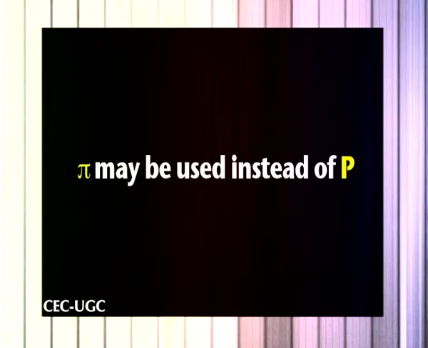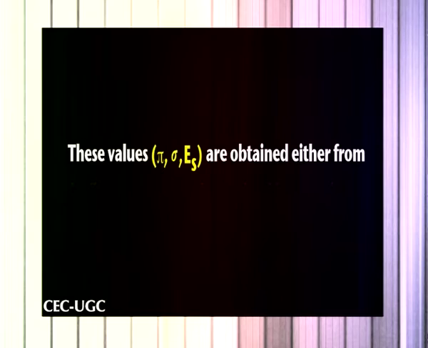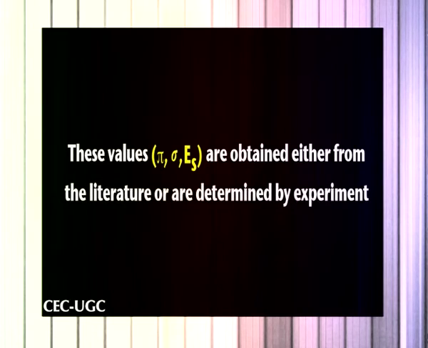For example, pi may be used instead of P. However, it's emphasized that these equations, which are collectively known as Hansch equations, do not always contain the main three types of parameters. The numerical values of the constants in these equations are obtained by feeding the values of the parameters into a suitable computer package. These values, that is pi, sigma, ES, are obtained either from the literature or are determined by experiment.